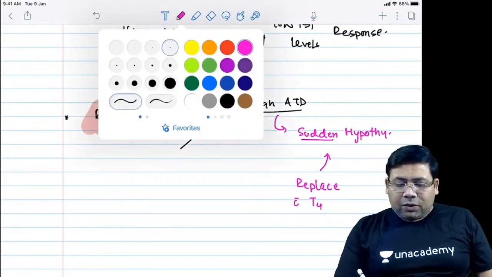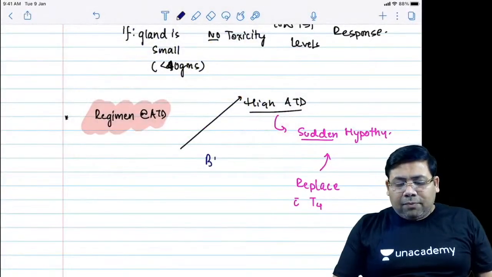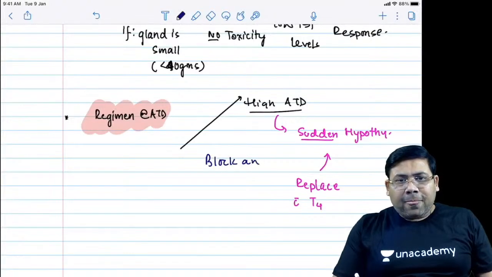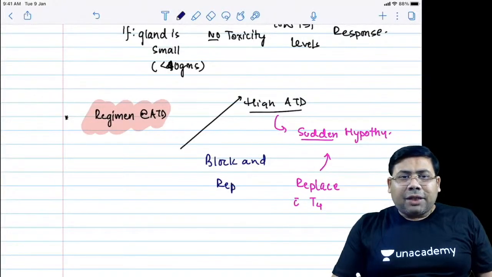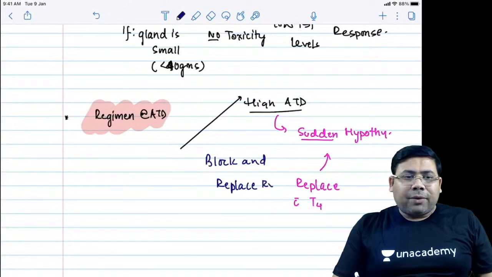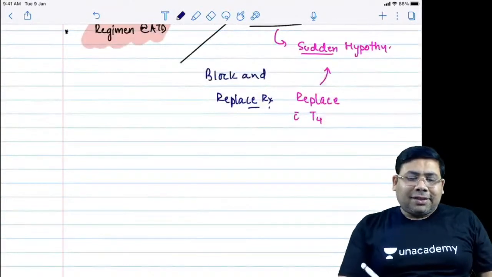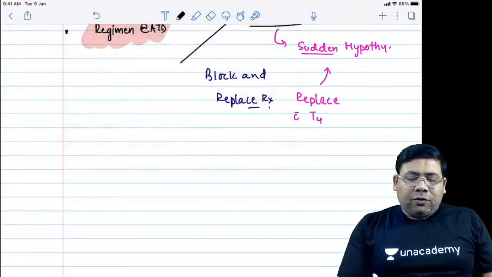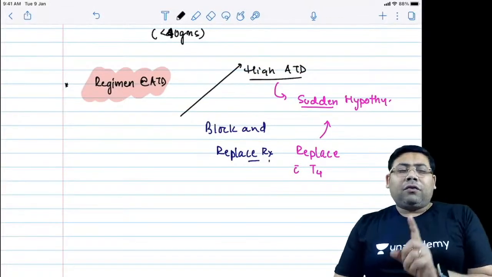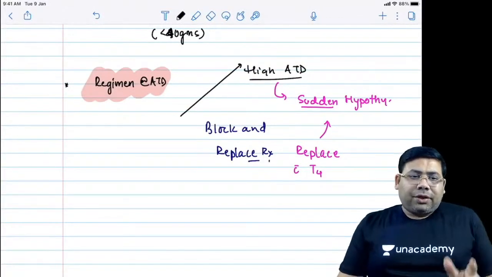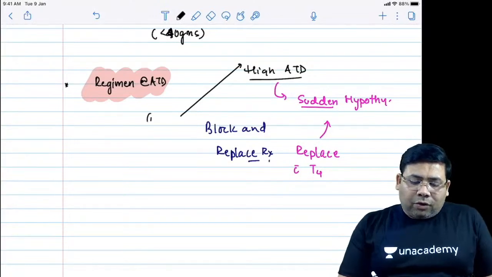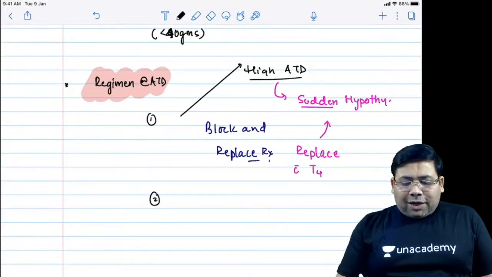What is this known as? This is known as block and replace therapy. Are you getting this? But do you know that it has a lot of complications? So instead of block and replace, you can do a gradual escalation.